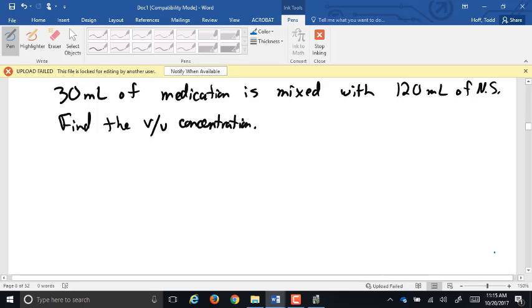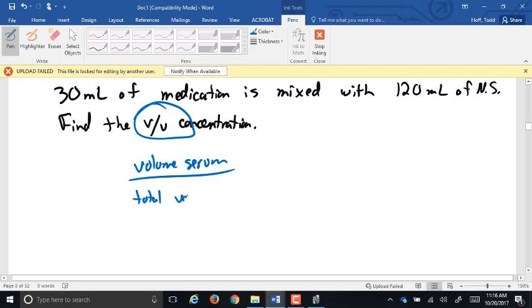Nothing that you can calculate here. You cannot do it. When you have a volume and volume solution, you have to have the volume of the serum to total volume. You cannot add.